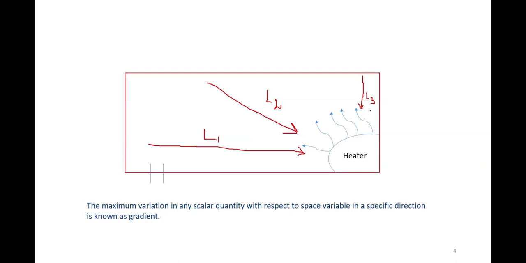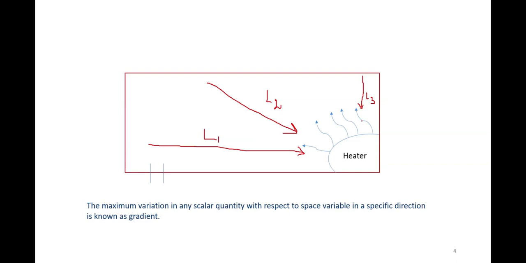But if you look at this phenomenon, the temperature is directed in the upward direction, and we are moving in the downward direction. So the two things are opposite to each other. That is, the cause and effect are anti-parallel to each other.